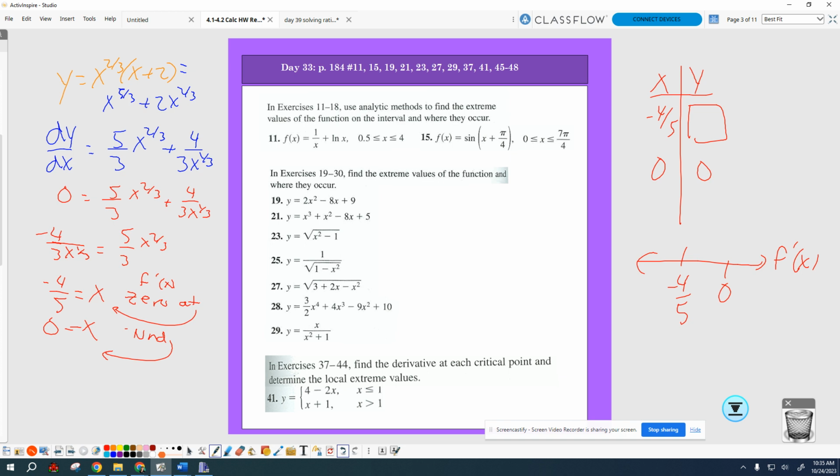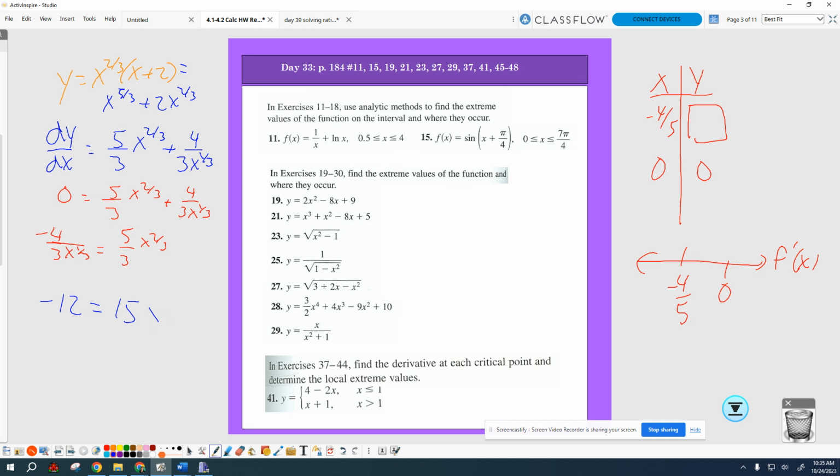Would you be able to show how you got the slope from -4/3 x to the 1? Okay, so are you okay with the part that I just subtracted the other side? Okay, so I'm gonna cross multiply. -12 equals 15 x to the 1/3 times x to the 2/3.